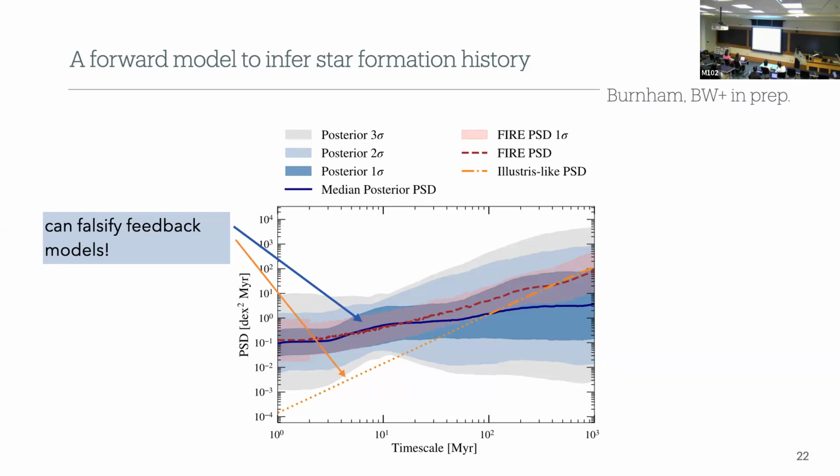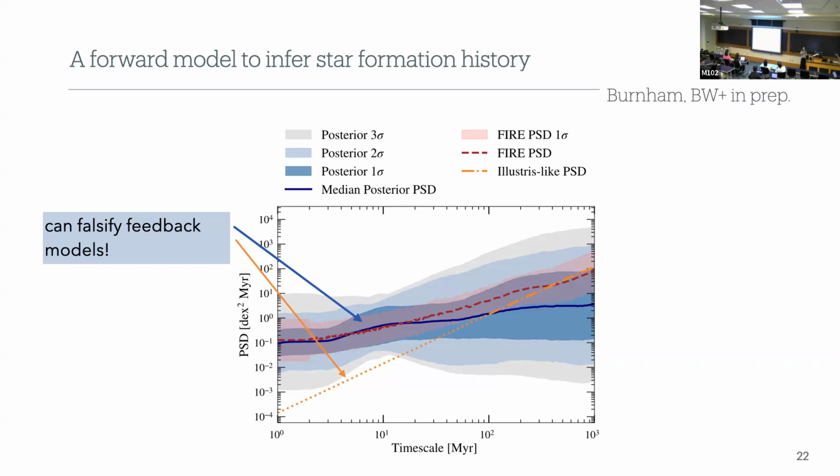And this is what a not-so-bursty star formation history looks like on this plot. The inference can really tell apart those two very different scenarios. This means we finally have a way to falsify those very different feedback models.